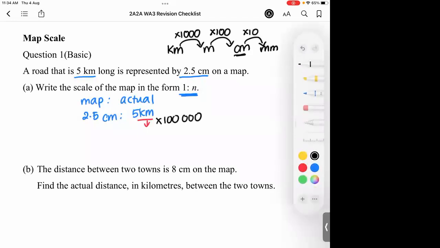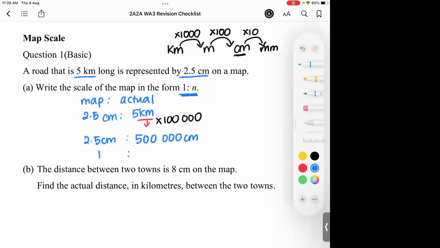This will give me the answer: 500,000 cm with 2.5 cm. But we want to change the scale into 1:something. How do we change the scale? Maybe I call the next person. What do we need to divide by?